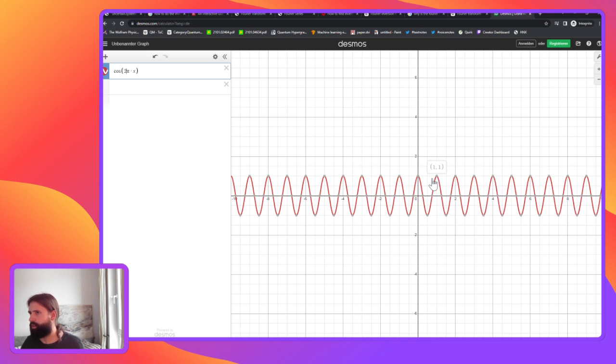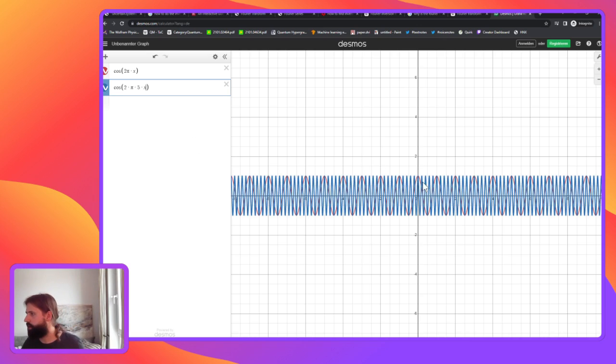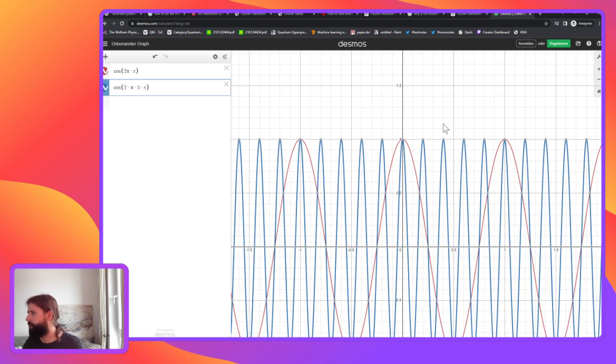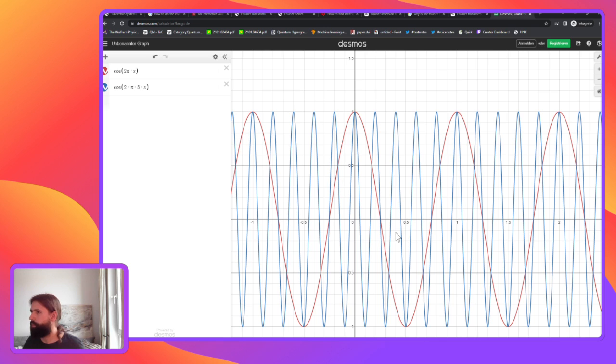So it does one full cycle. And if I just say cosine of 2 times pi times 5 x, that's like 5 times faster, right?